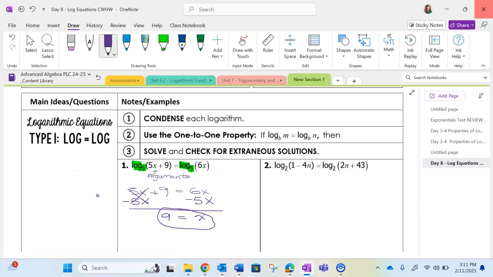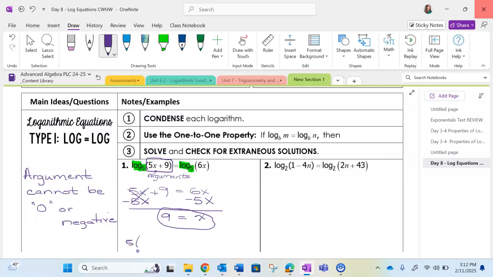In order to verify that that is an accurate answer, we need to go back up into the problem and make sure that our argument, I'm going to put a little side note out here, our argument cannot be 0 or negative. I'm talking about just this part. So all I'm going to do is substitute 9 in there.